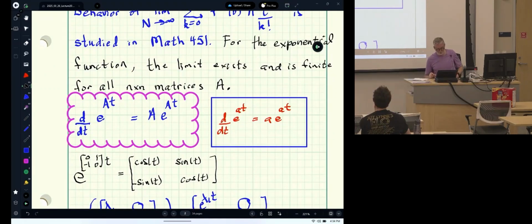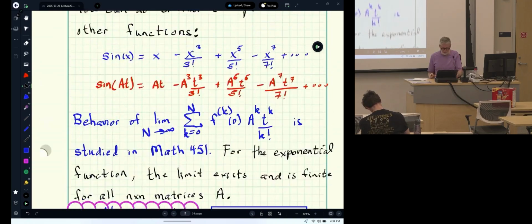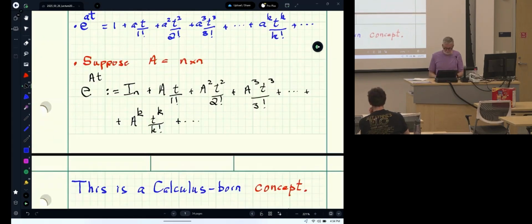The other amazing thing we discovered is that you can differentiate the power series for e to the At. You just differentiate term by term, and you put your finger in the wind and you cross your fingers and hope that you're not breaking any calculus rules. You have to go to Math 451 to figure out that you can differentiate the series term by term.